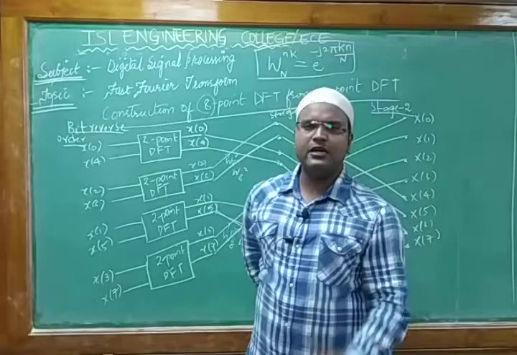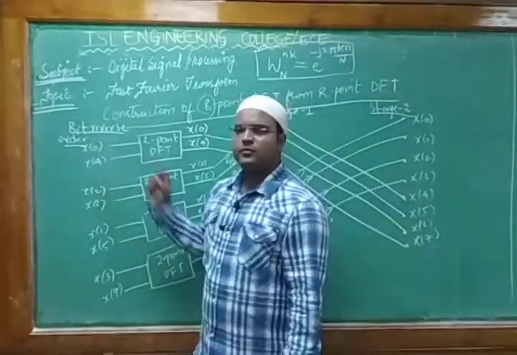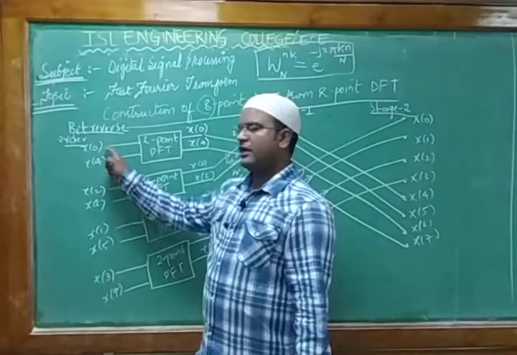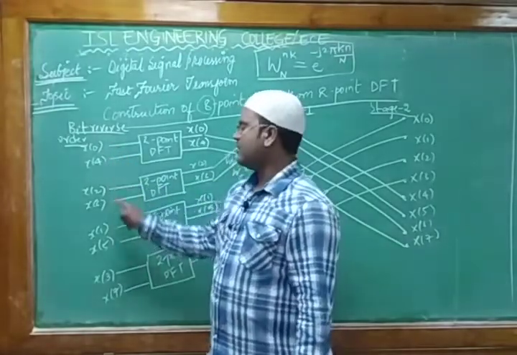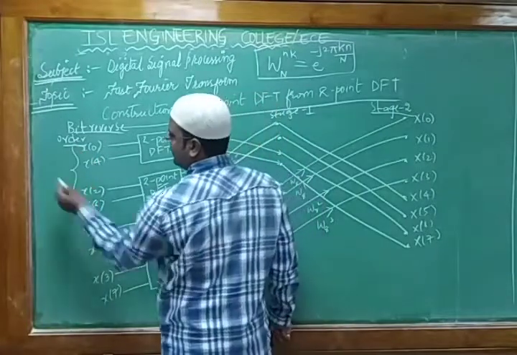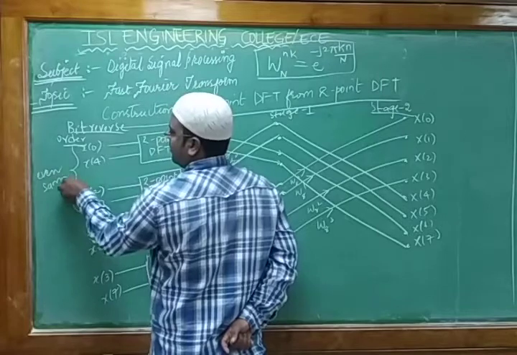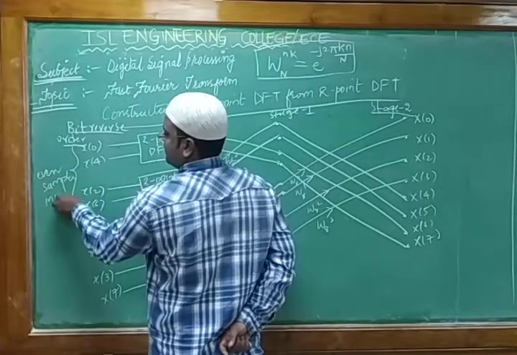Or in general, to solve the problem, remember that the difference of the index needs to be 4. Like 0 minus 4, it's 4. 2 minus 6, it's 4. That means the initial 4 values indicate the even sample inputs.